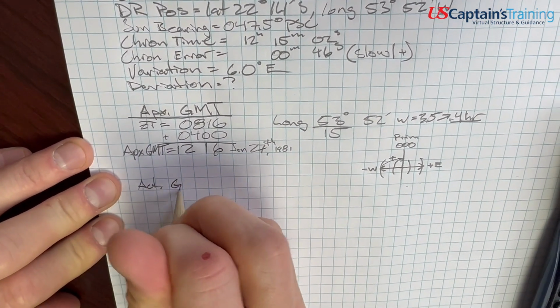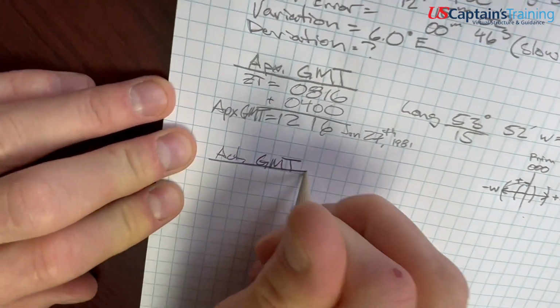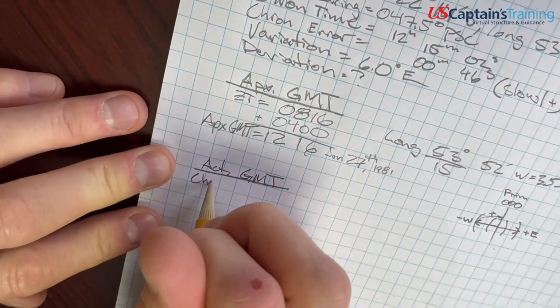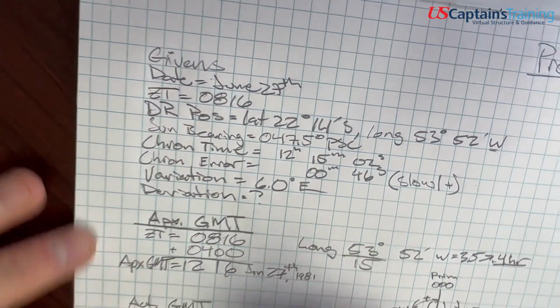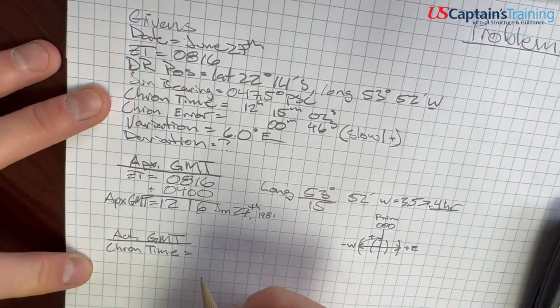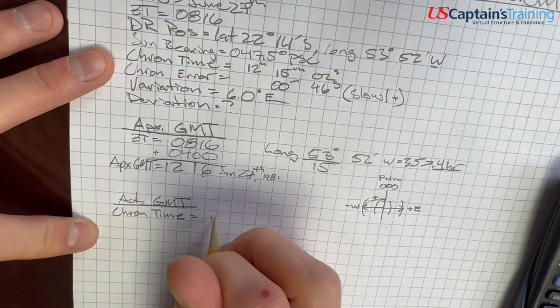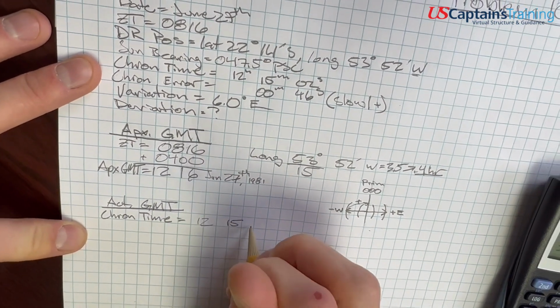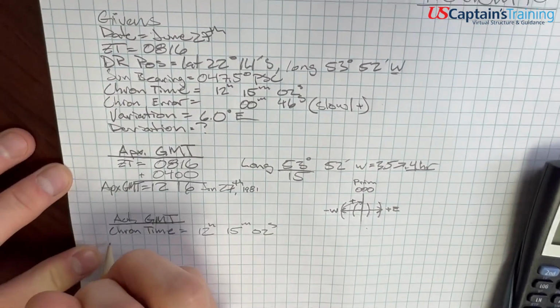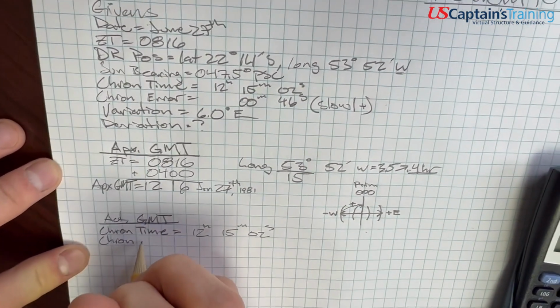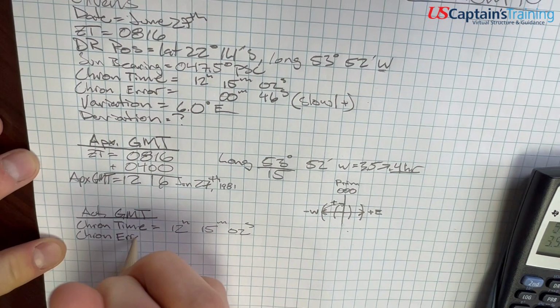For the actual GMT, we'll use the chron time. The chron time is equal to 12:15:02, and that's hours, minutes, seconds. And then we'll apply the error.